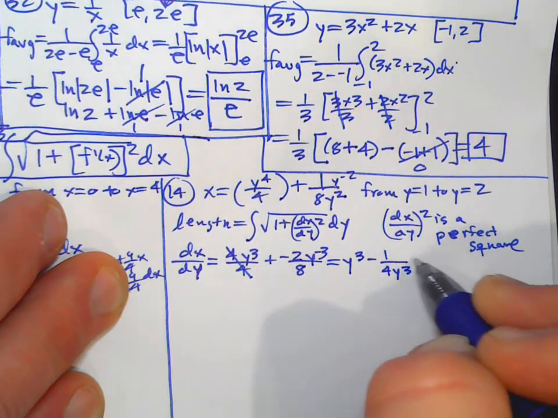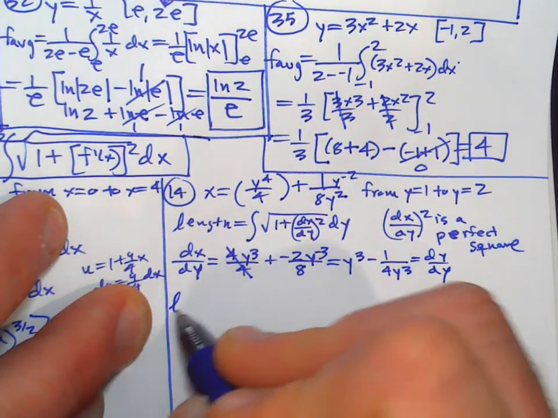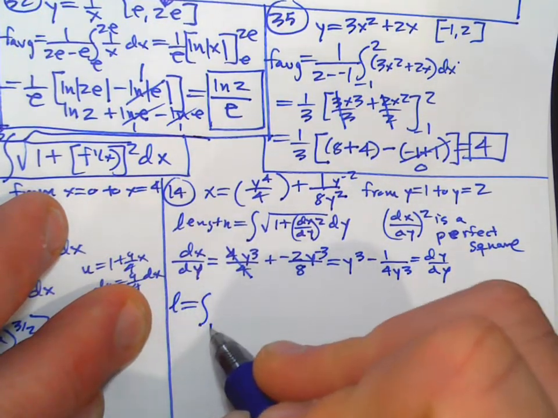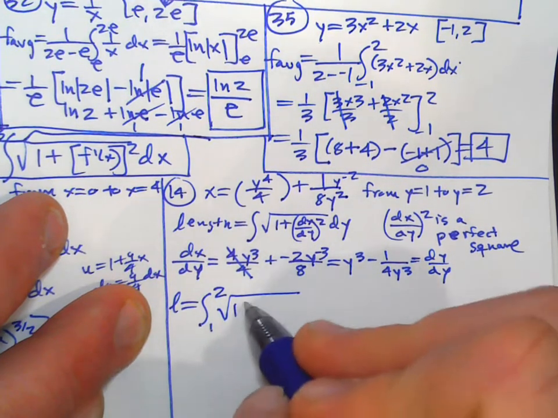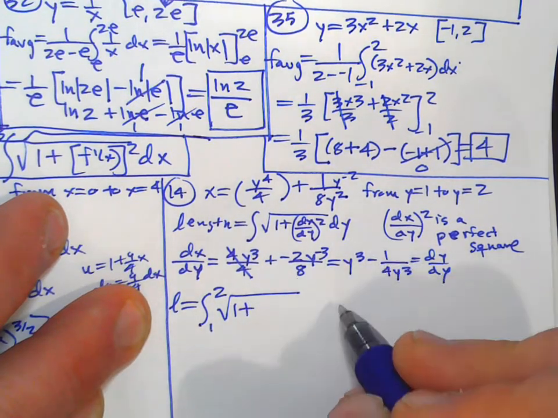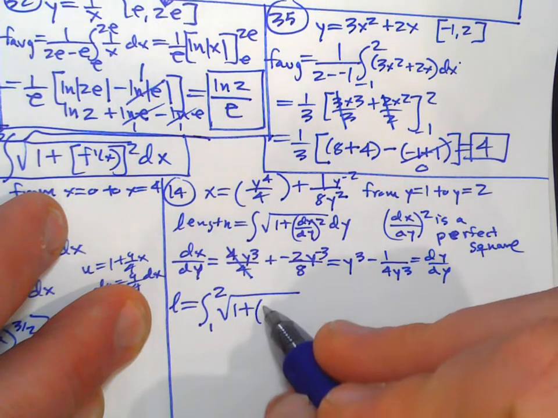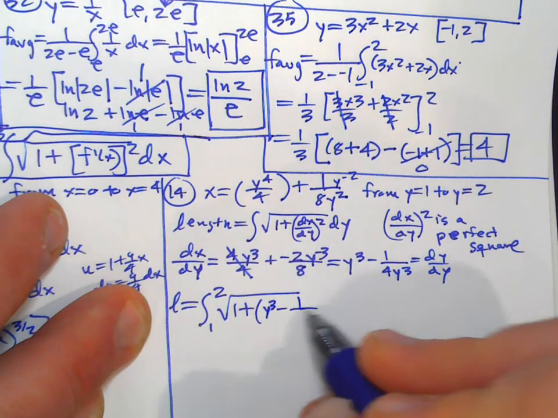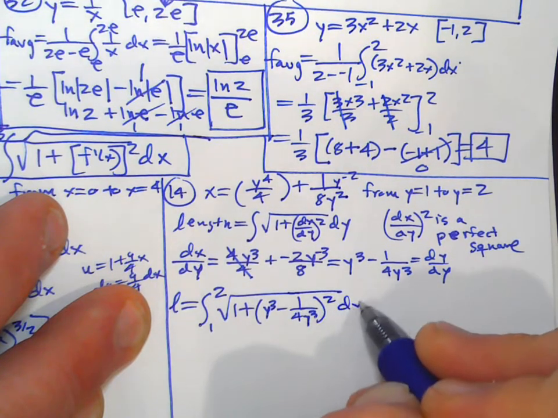So that's dx/dy. And then we're going to plug it into the formula. We're going to go from 1 to 2 of the square root of 1 plus (y cubed minus 1 over 4y cubed) squared, dy.